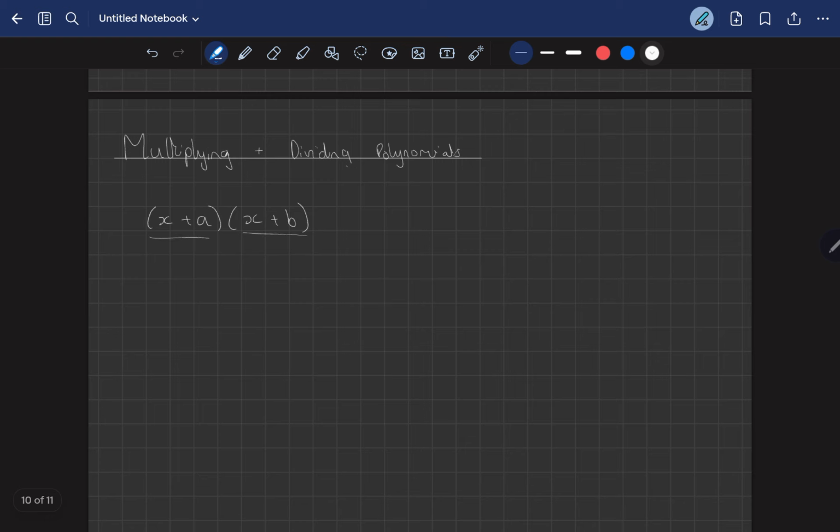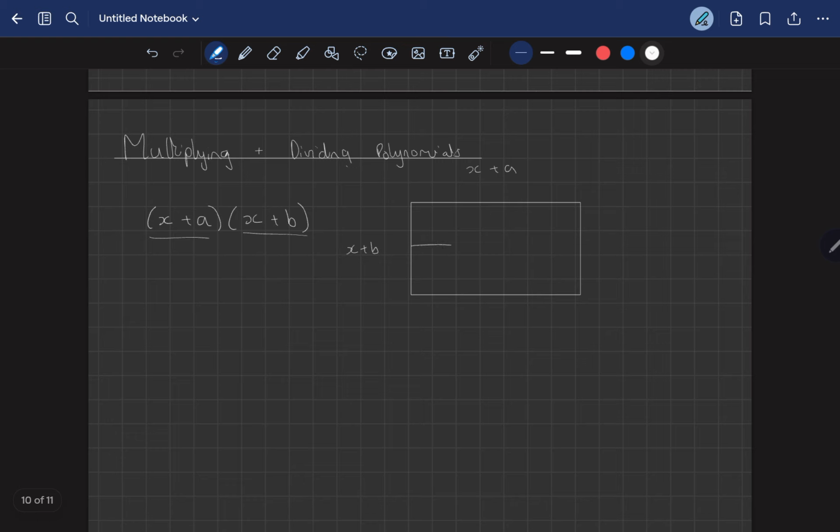Let me draw out a rectangle. And I'll label one side as x plus a and the other side as x plus b. However, let's break this down into x and a and then x and b.